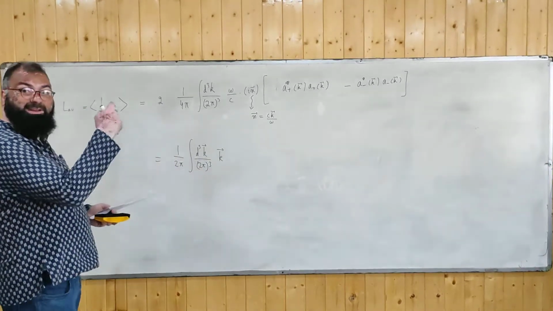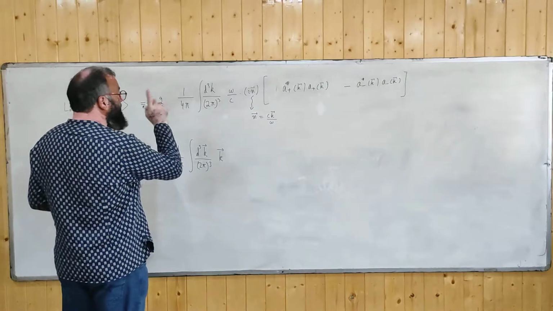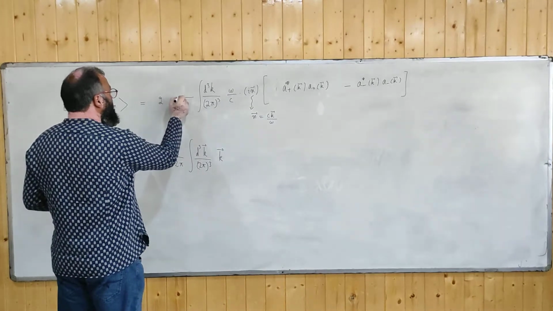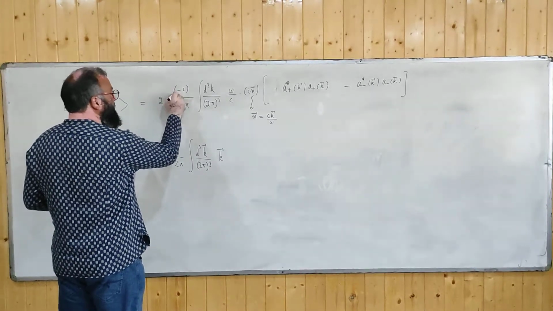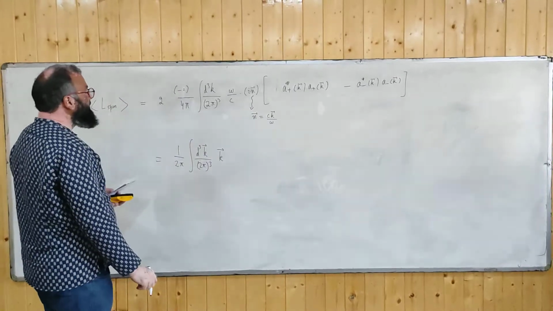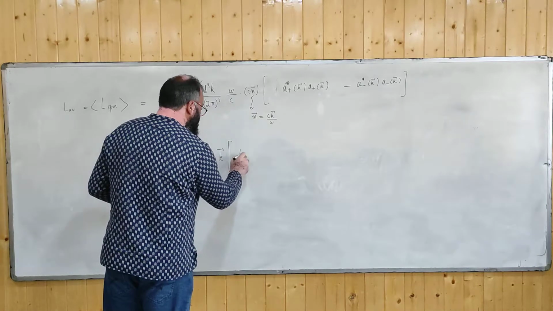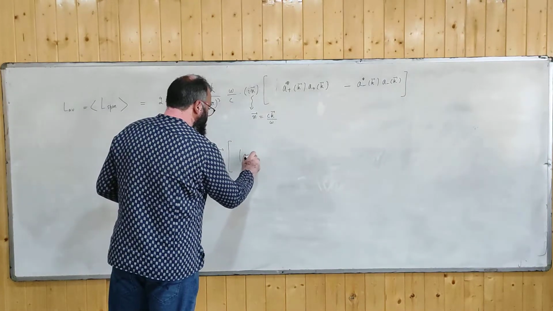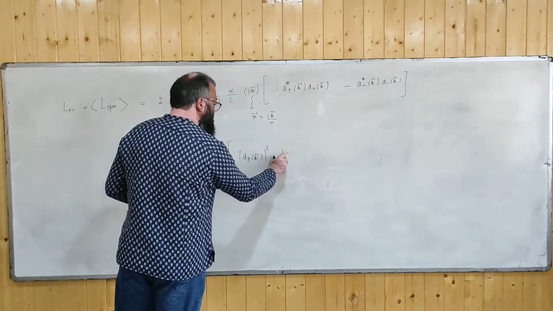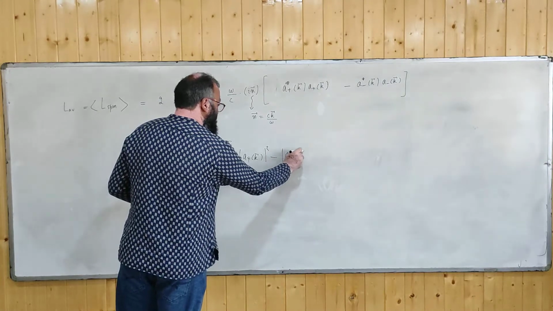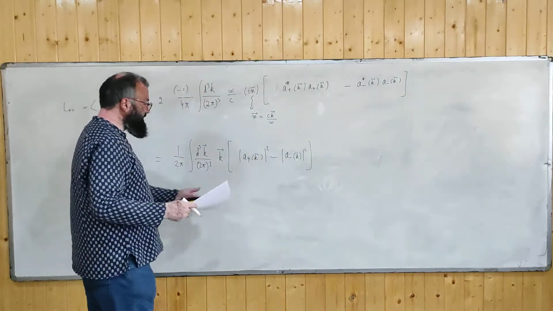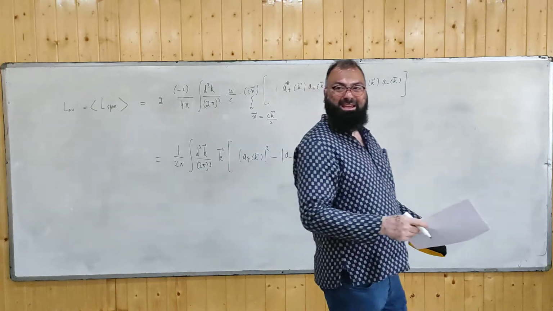Yes, yes, there is an i when we take the derivative, is it? So that was minus i. So you have minus i there, so it will become plus. Yes, great, good. So it is mod of a plus squared minus mod of a minus squared. Now tell me what this a plus squared gives me.